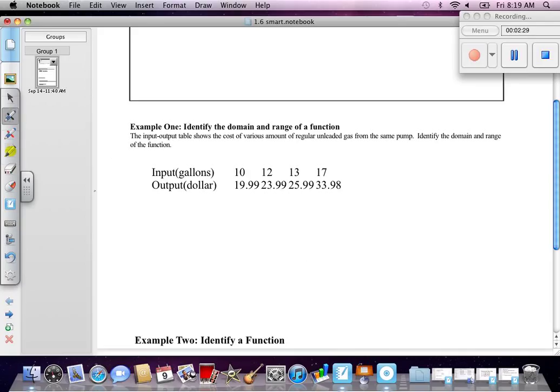But we can see that the input table shows the cost of various amounts of regular unleaded gas from the same pump. We're going to identify the domain and range. So I'm going to say D for domain. And remember, the domains are all the inputs, all the x values. So we've got 10, 12, 13, and 17.